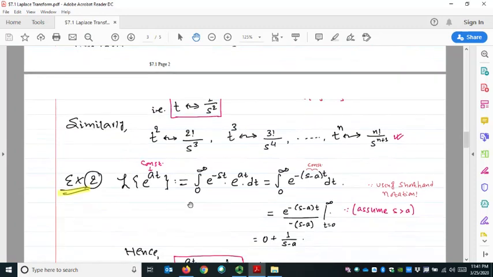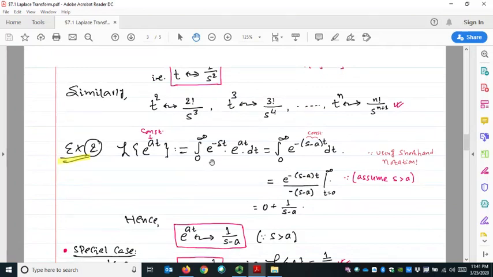Next, let's compute the Laplace transform of exponential functions. So in example 2, the Laplace transform of e to the power at, where a is any constant. Use the definition of the Laplace transform.